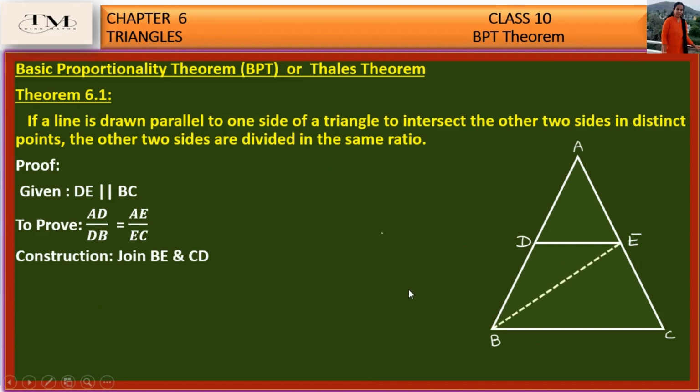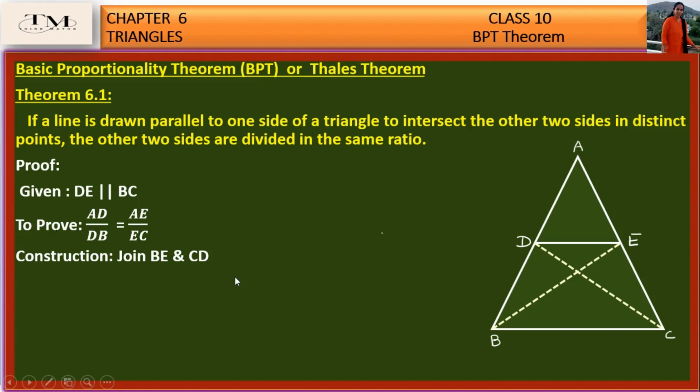Let us join this BE and CD. So, we will get the triangles BDE and DEC. When we find the area of triangle BDE, BD will be present. In the same way, if you find the area of triangle DEC, EC will be present. So, if you divide some values, you will get the value of BD and EC.